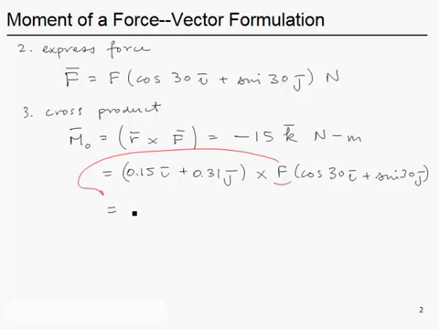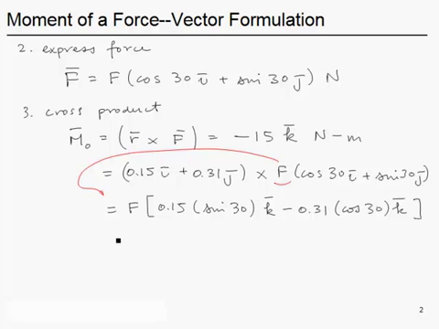So what we get here is F, and then it's going to be 0.15 times sine of 30, and that's going to be a positive K, and then a J crossed with an I is going to be a minus K, so I'm just going to write this as minus 0.31 times cosine of 30 K, just like that.